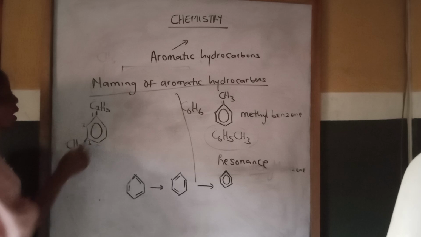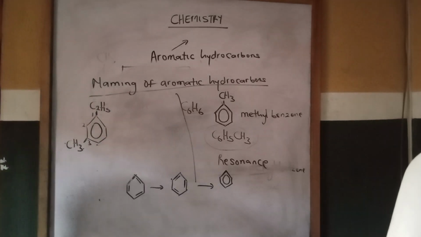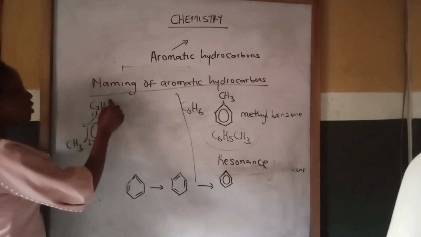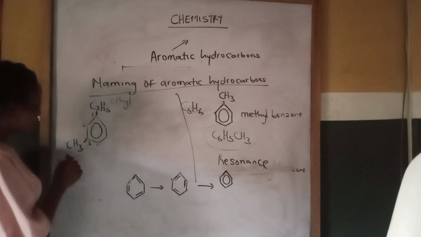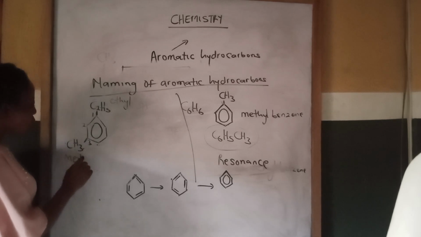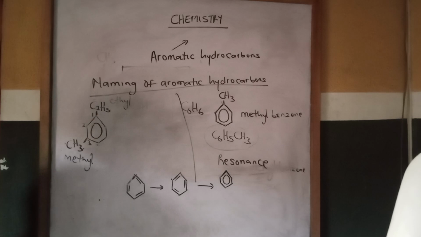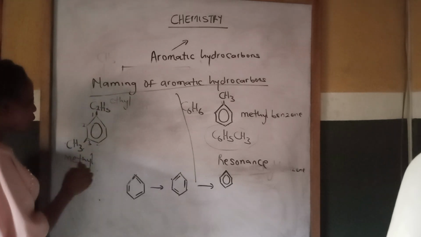1, 2, 3. So we have two different substituents now, and both are organic substituents. C2H5 is called ethyl, while CH3 is called methyl. So when we have different substituents, you must name them alphabetically. Therefore ethyl will come before methyl.